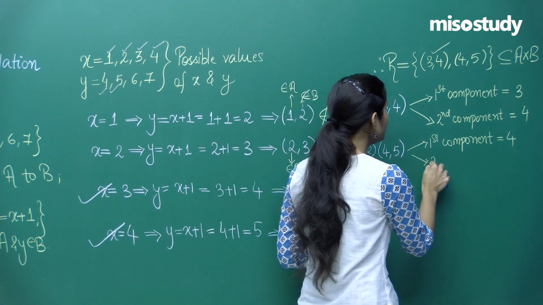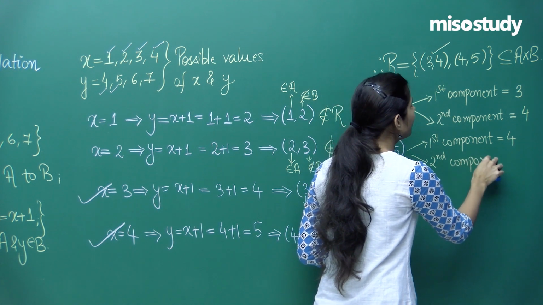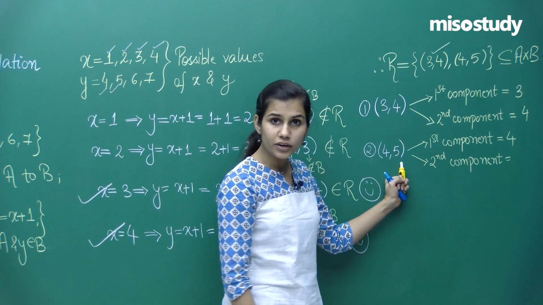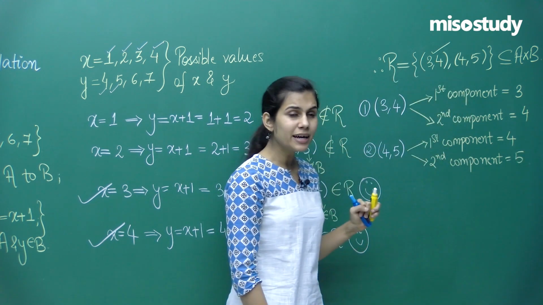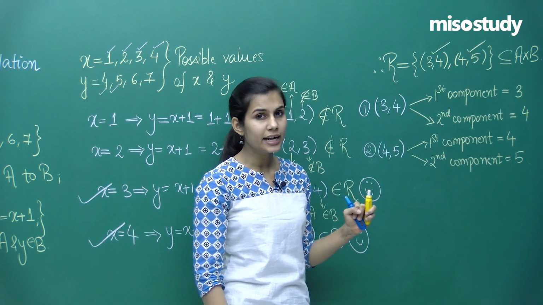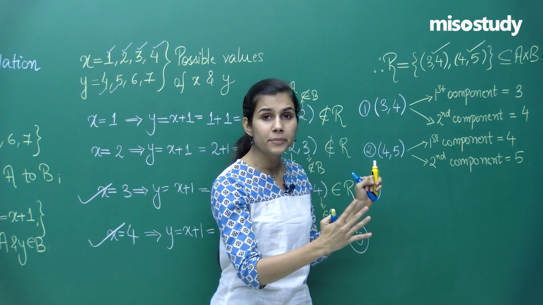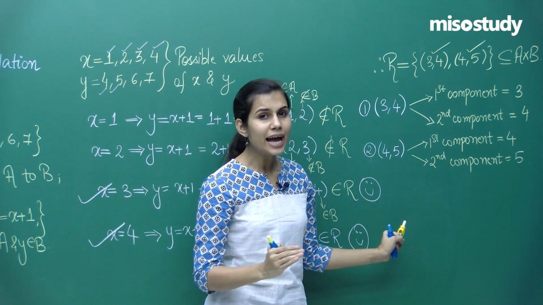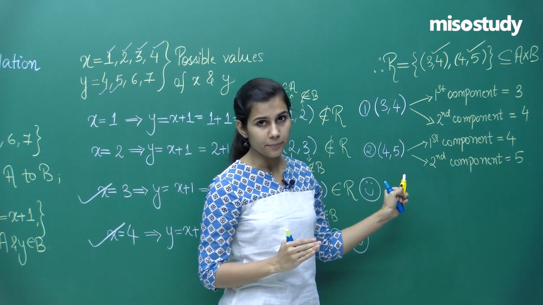Looking at the second component of the same ordered pair, sitting at the second position, it has to be equal to 5 over here. And this completes my study of the second element sitting inside the set R. If there would have been more members in R, I would have studied them as well. But because R has just 2 ordered pairs, this is the study of both of them.